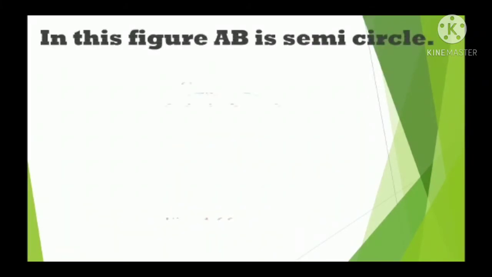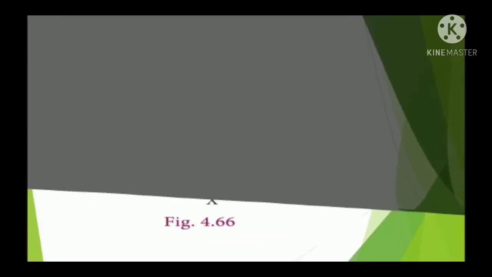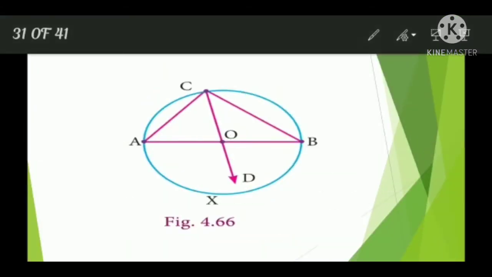In the next figure, AB is a semicircle. Arc AB is a semicircle. So the previous figure AB is a minor arc, and here AB is a semicircle.